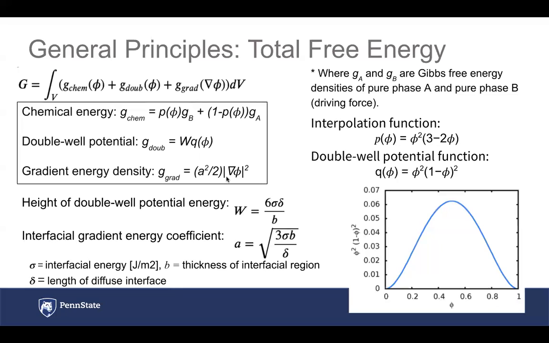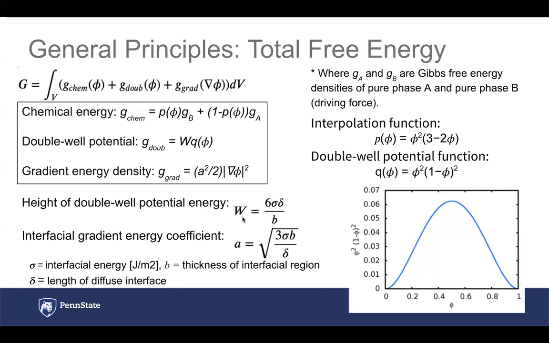The chemical energy basically represents the system when it is homogeneous for phase A and phase B. Then the gradient energy tries to model the heterogeneity in the system. So it is a gradient of the square of the order parameter. Then we also have the interfacial gradient coefficient, which is A. Then the height of the double well potential energy.